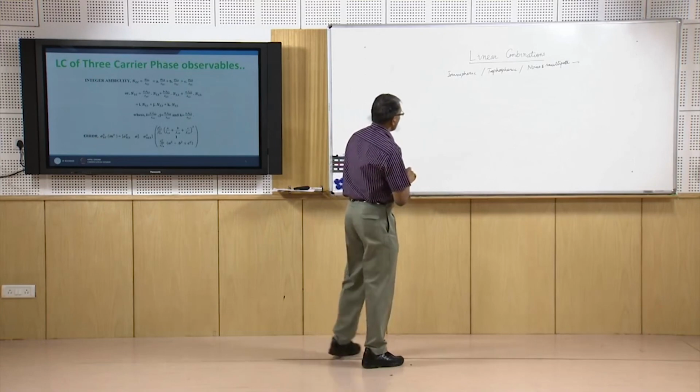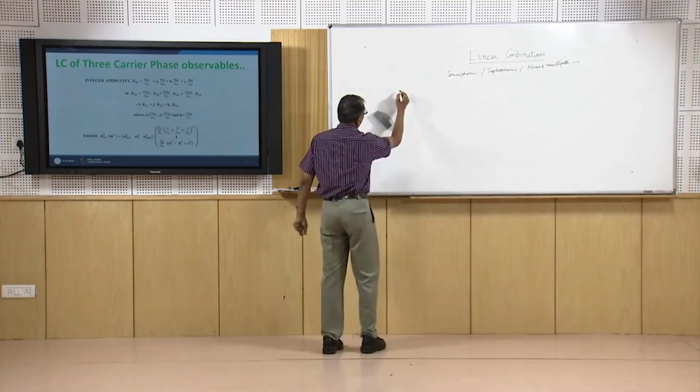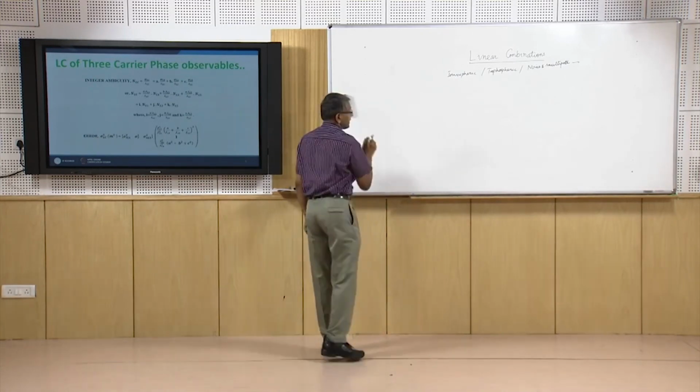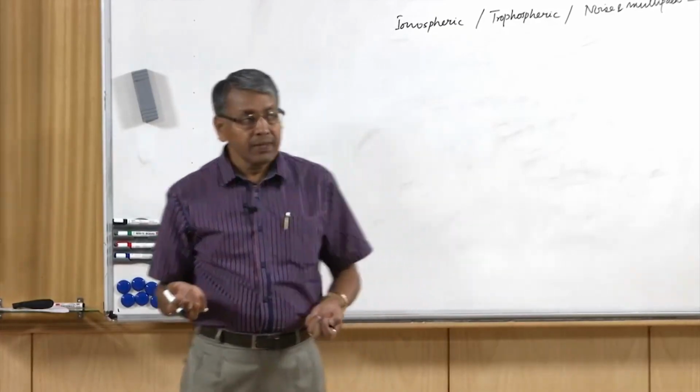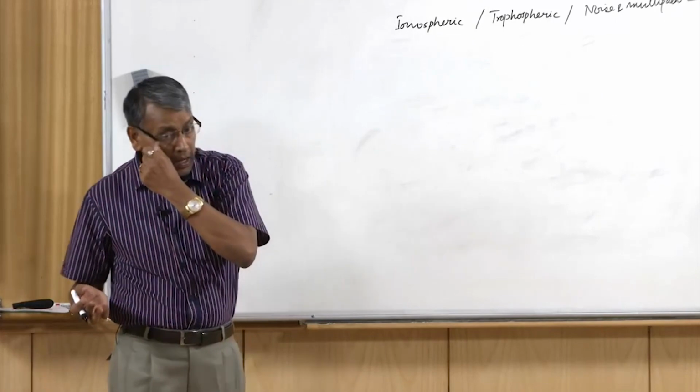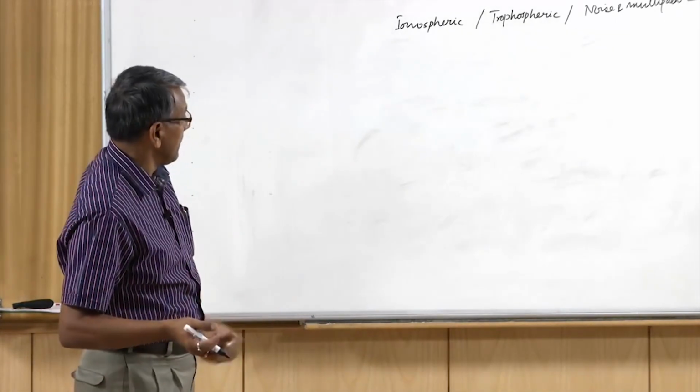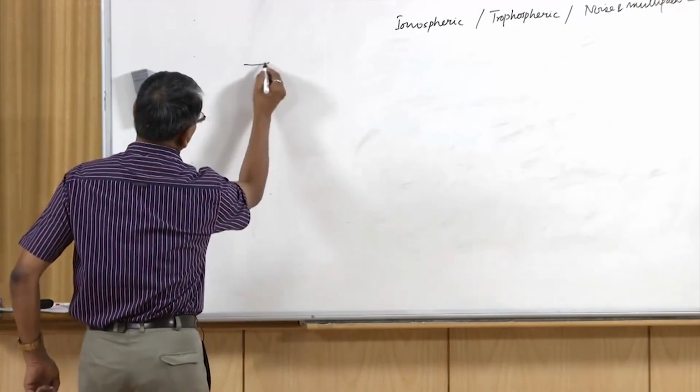So the amount of error that will be propagated to the combined signal, that is the theory of error propagation, we can write like this.